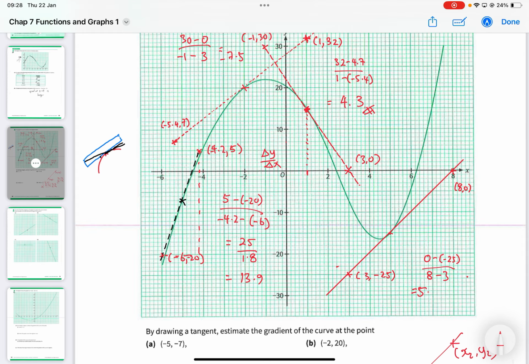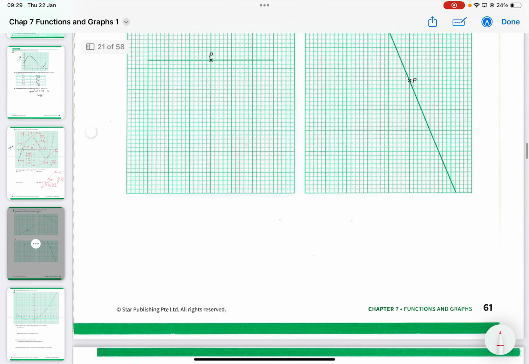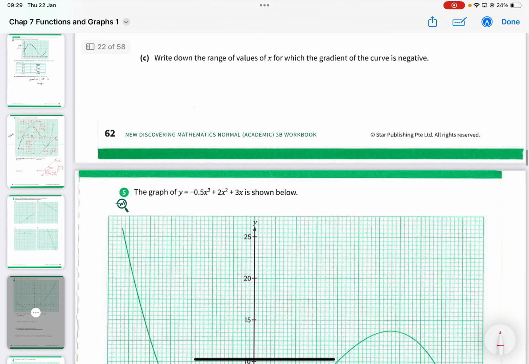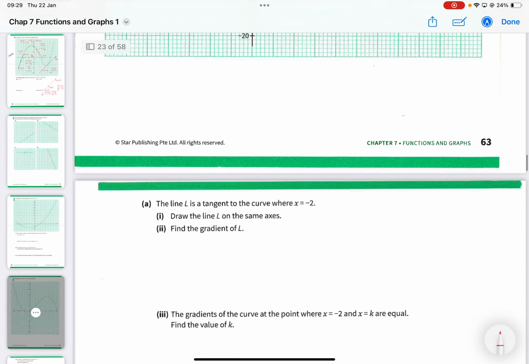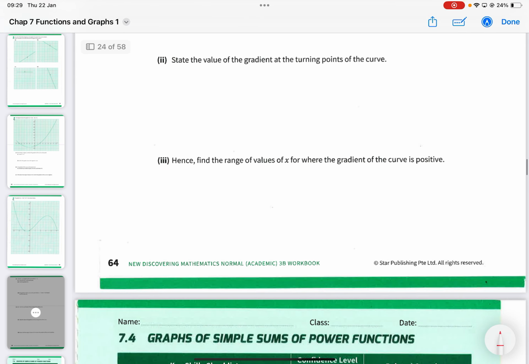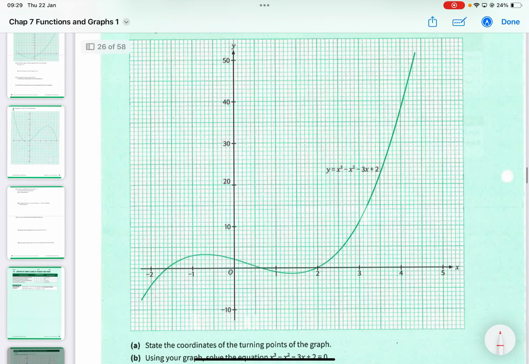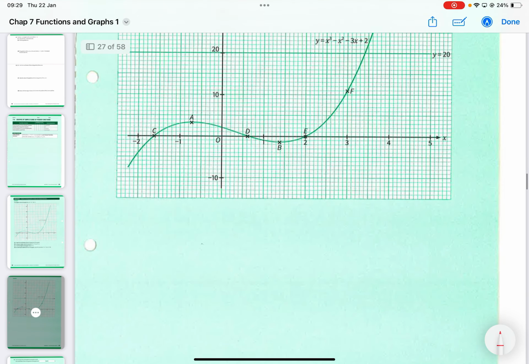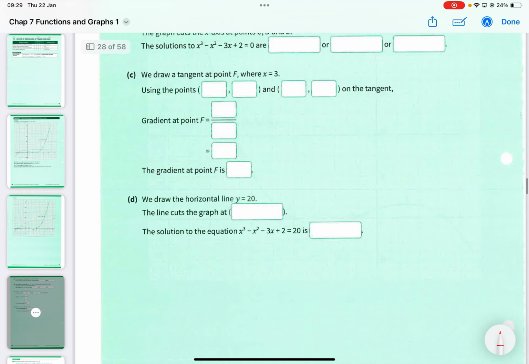Those who have finished, you can go to practice 7.4, start to complete the table of values. Okay? You will find that it is not very different. You don't need to know a lot of things. You just need to know: got equation, got table, plot your points, join the points into a curve.